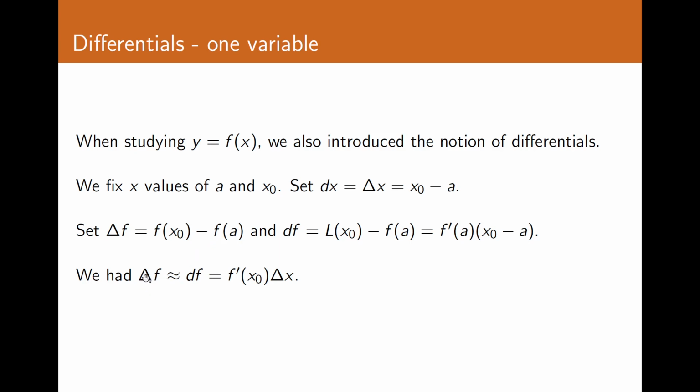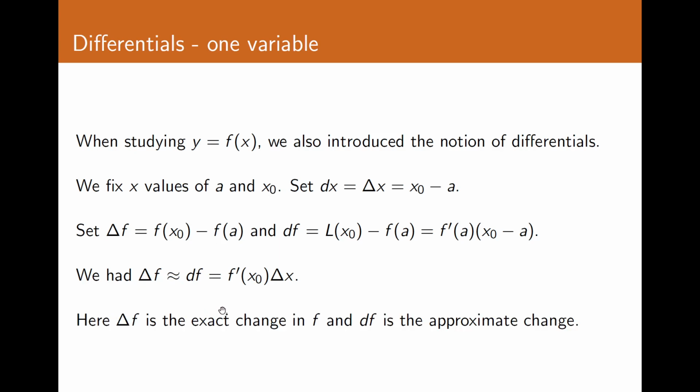In our examples back when we studied differentials of one variable, we used that delta f is approximately df, which is f prime of a delta x, the a coming from here. This is something we can actually calculate. We probably can't calculate f prime of x0, so that should be an a; it's a typo.